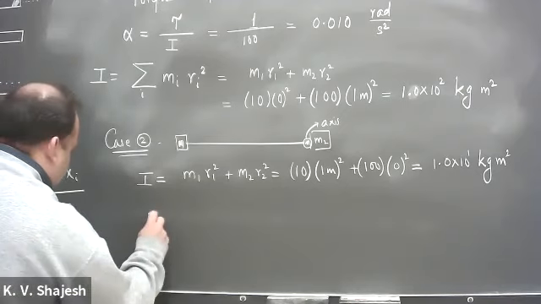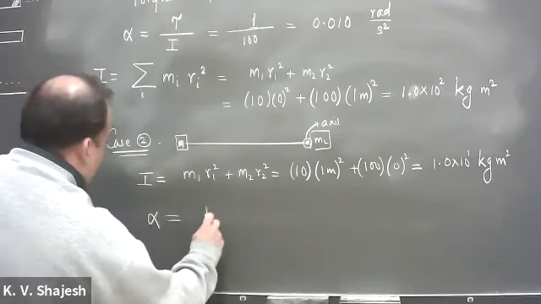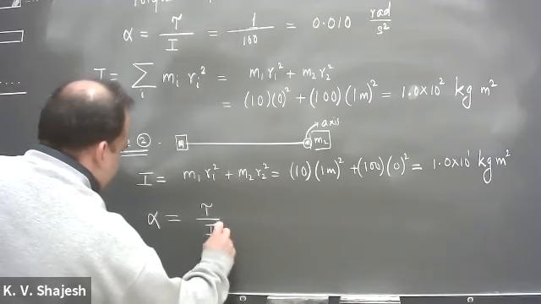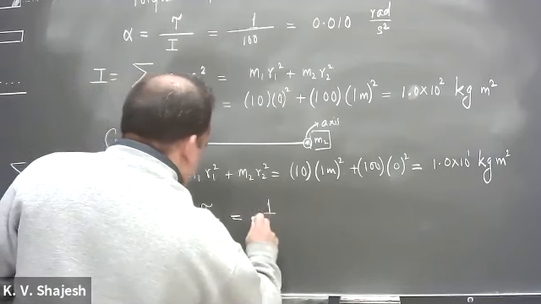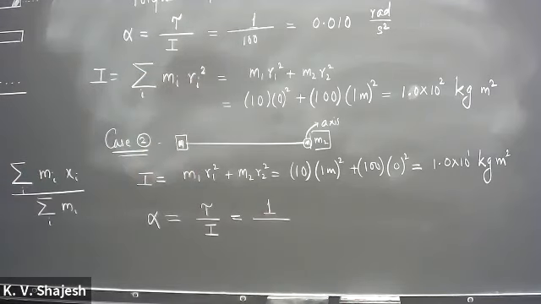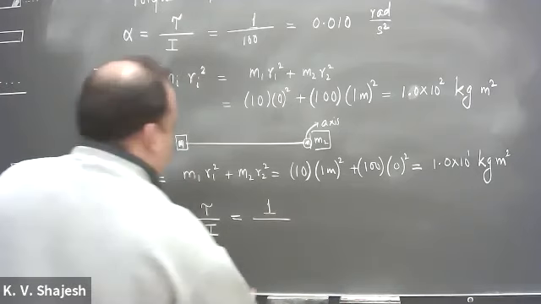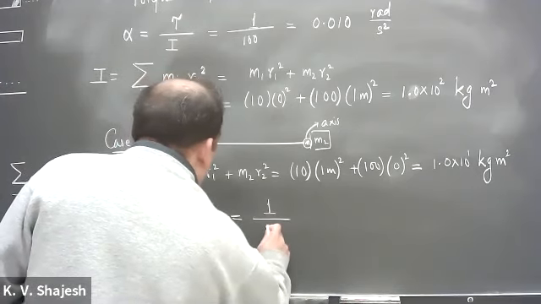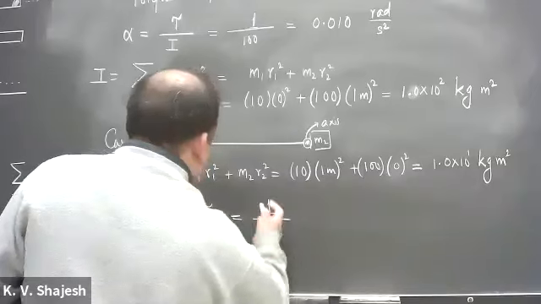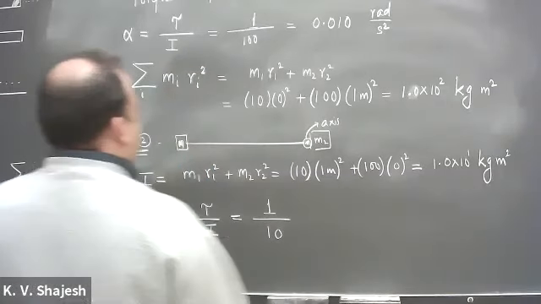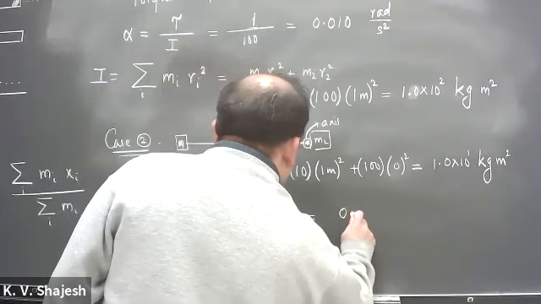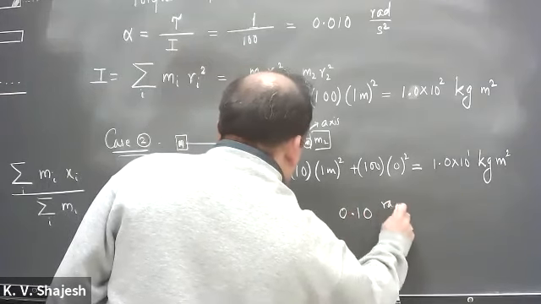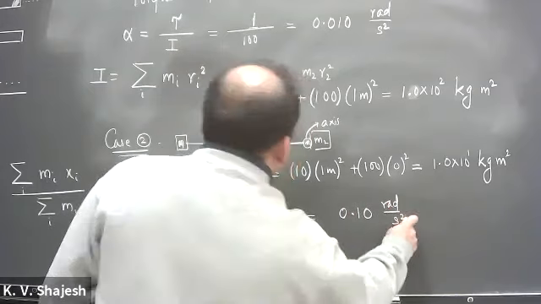What about the angular acceleration now? This is torque over moment of inertia. Torque, we keep it the same. So that's 1. Because we want to keep torque the same and then ask what is that angular acceleration. And this time, this is 1.0. So that's 10. So instead of 100, this is 10, and that's 0.10 radians per second squared.